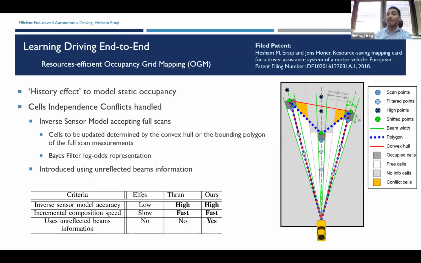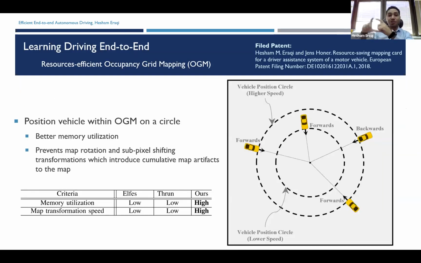And our model actually makes use of unreflected LiDAR beams because they still indicate very useful free space information. And it tries to position the vehicle on the local grid map more efficiently, in a way that makes us avoid doing any map sub-pixel shifting operations to do ego motion compensation or any vehicle rotation.